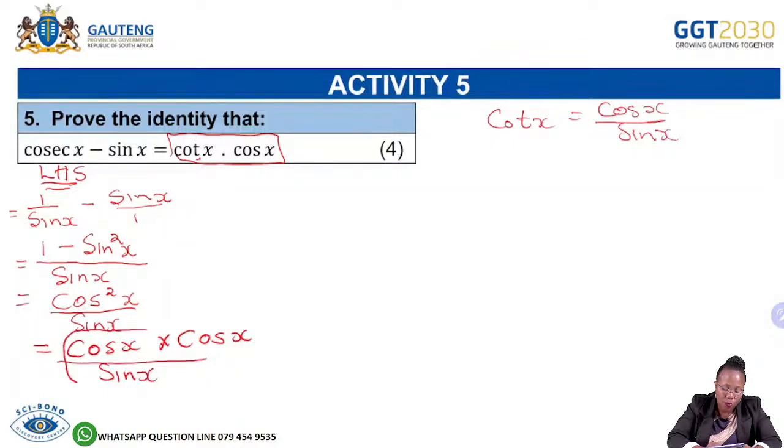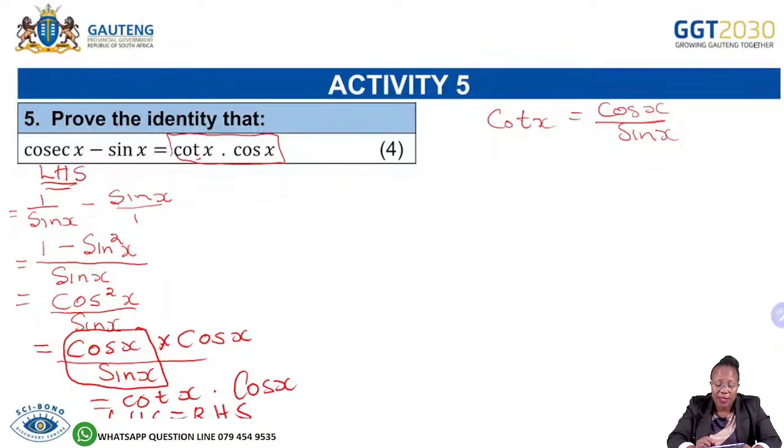This one will create a cot, and then multiply by the remaining cos x. Therefore, your left hand side is equal to the right hand side.